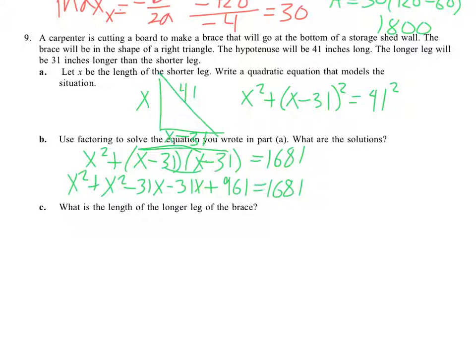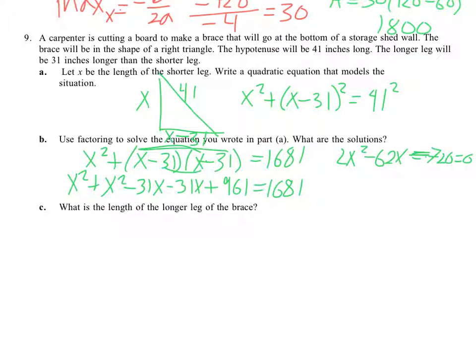Let's combine some stuff. I'm going to have 2x squared minus 62x when I bring that over to the other side. We get negative 720 equals 0.